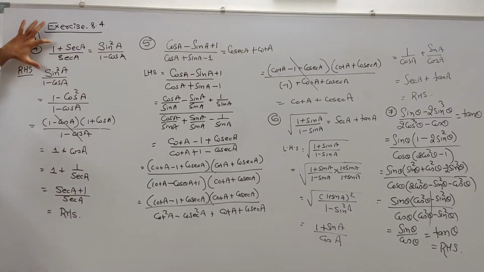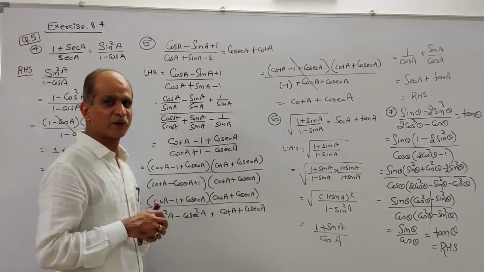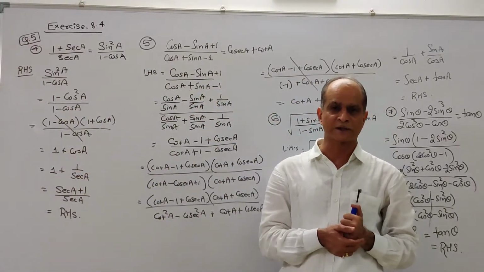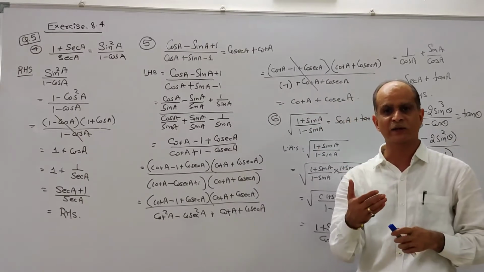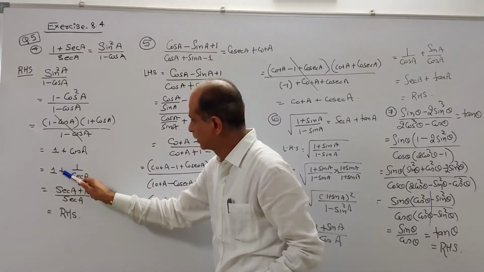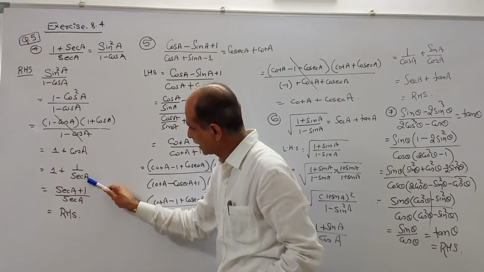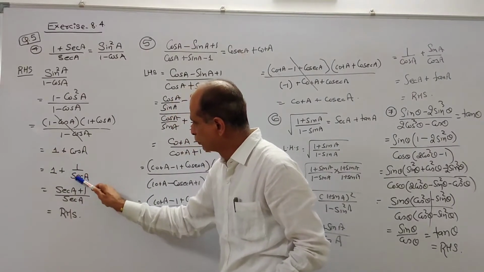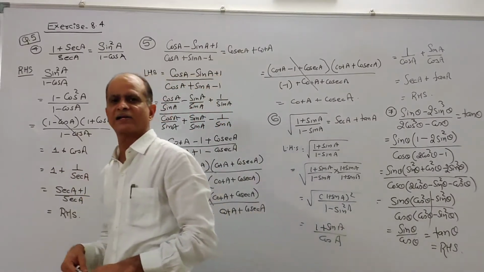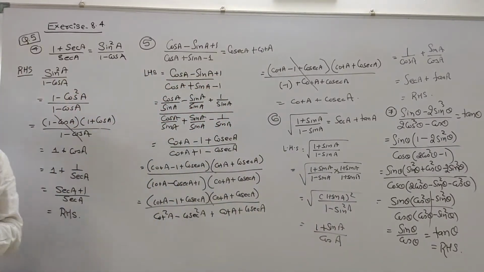But you need (1 plus sec A) upon sec A. So you know one conversion formula. You can easily convert cos into sec, because cos theta is equal to 1 upon sec theta. So 1 plus 1 upon sec A, if you cross multiply, you get (sec A plus 1) upon sec A, and that is your RHS. Very simple example.